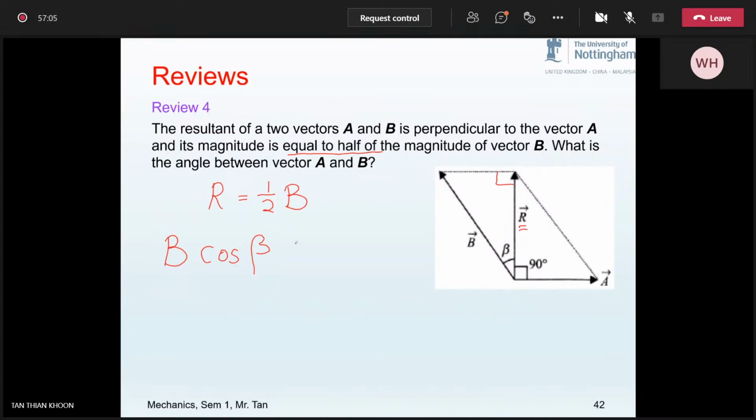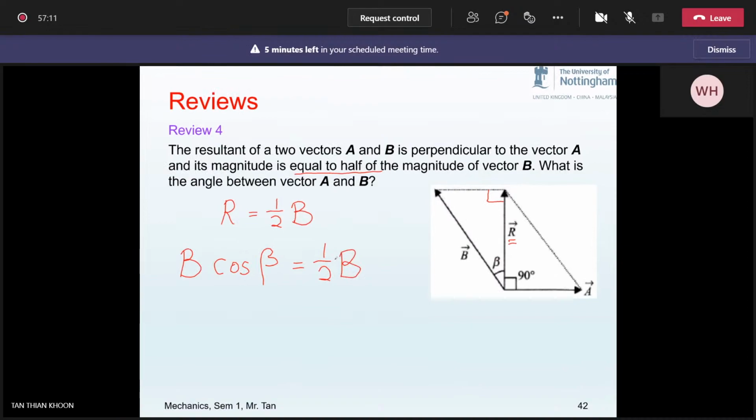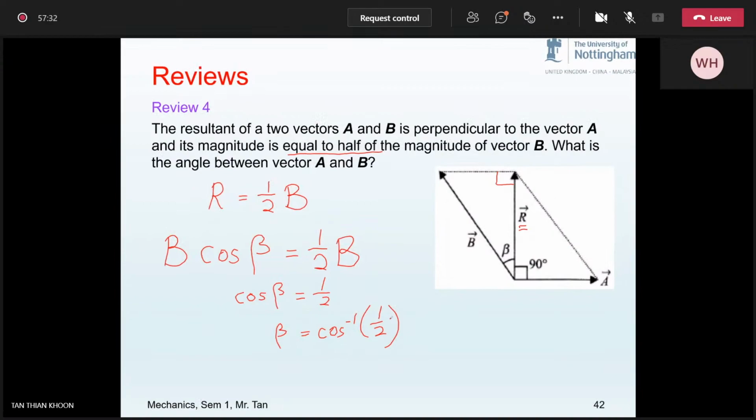Yes, agree, sir. Good. So now we have this equal, so we can write cos beta equals half, which means beta equals arc cos of half.